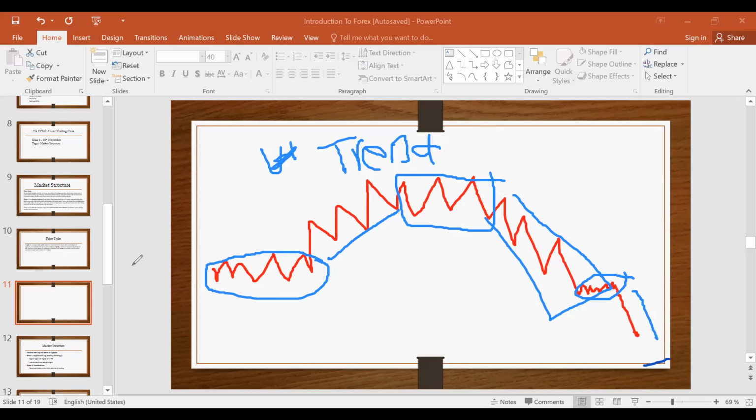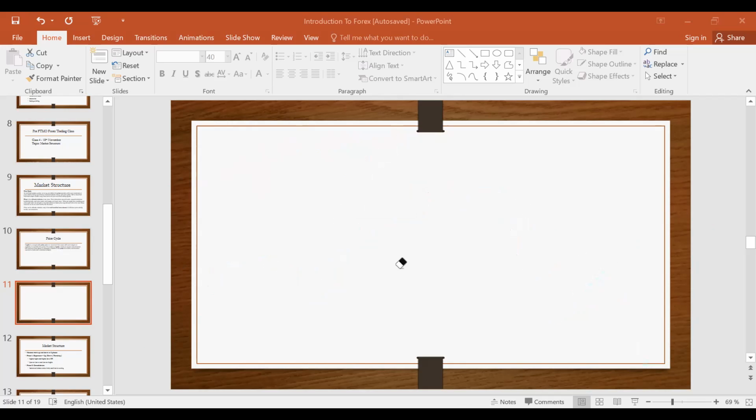Now, when we revisit our initial discussion about the markets, remember we had said that the markets go something like that, and then up, and then down.